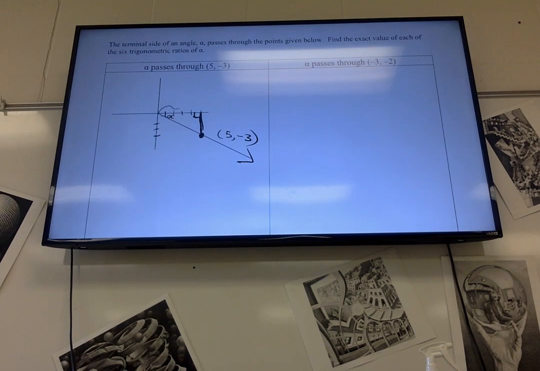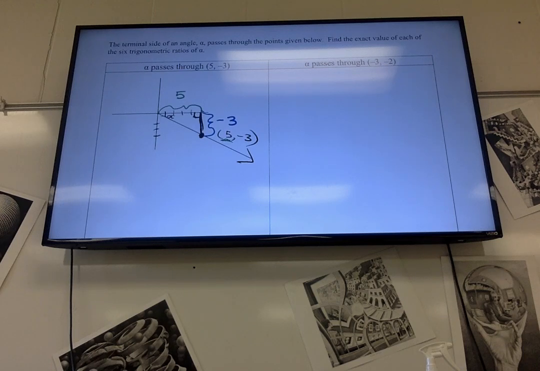How far is it right here? 5, yeah, because I had to go to the right 5 to get to that point. And then how far is this? 3. And it's still negative because it's going down. That's why I called it -3. But you're right, how far is a distance question? So that's just really 3.